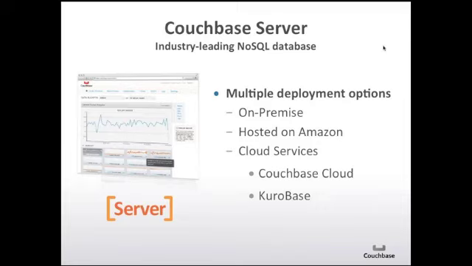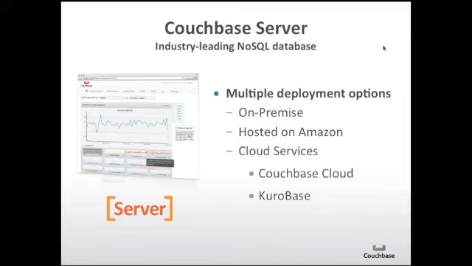The last piece of the JSON Anywhere strategy is Couchbase Server, which is our industry-leading NoSQL document-oriented database that can be deployed on-premise or in the cloud. On-premise is really popular with our customers who are looking for a private cloud approach, or for a more hands-on cluster management approach.